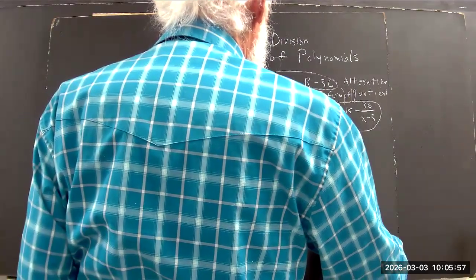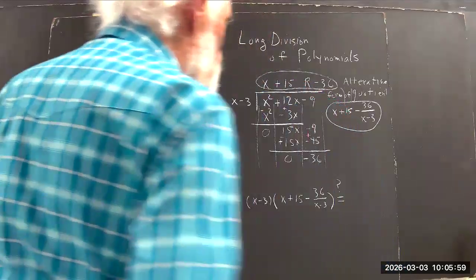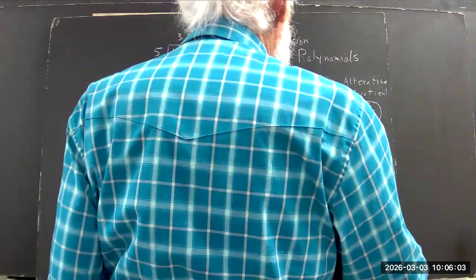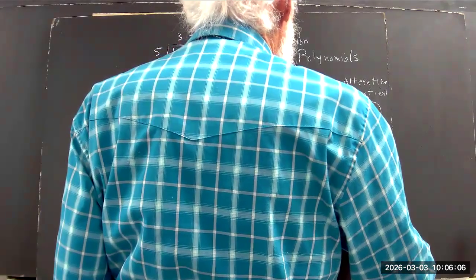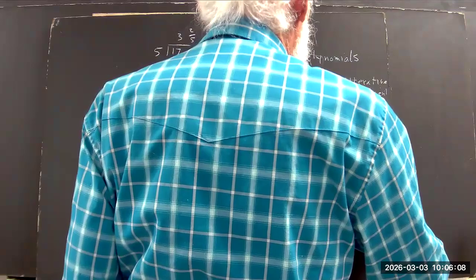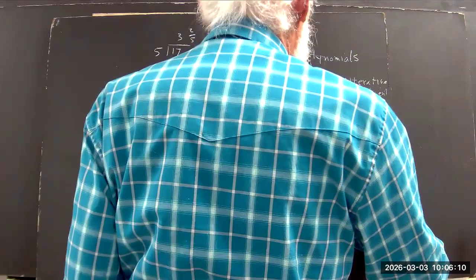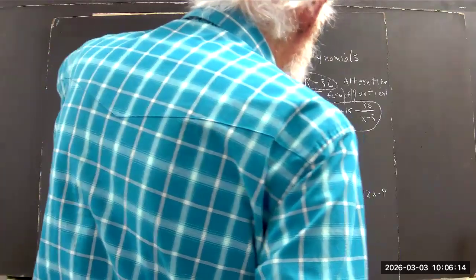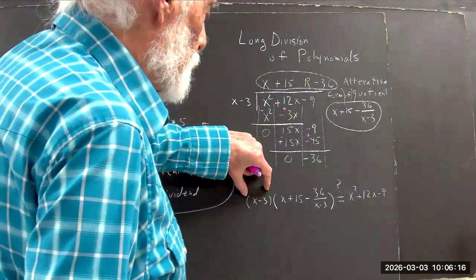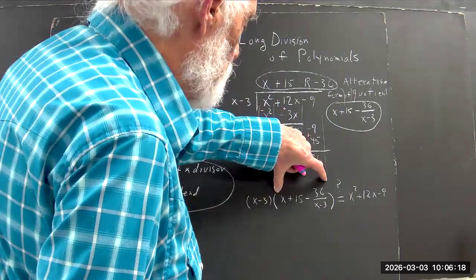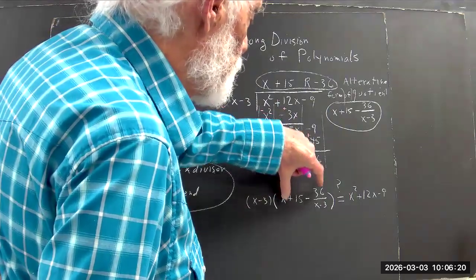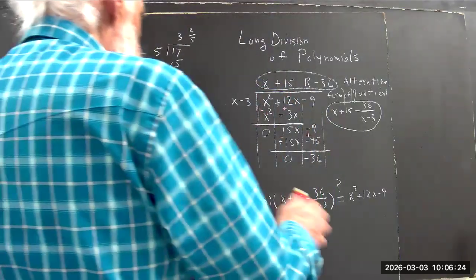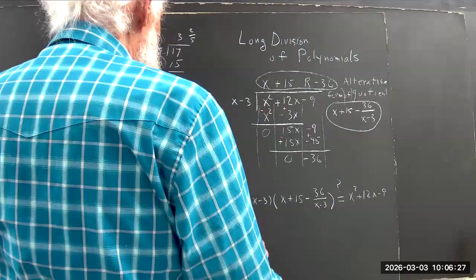And that should equal, so I'm going to write an equal sign with a question mark over it, our dividend, which was x squared plus 12x minus 9. On the left, again, we've got the quantity x minus 3 times the quantity x plus 15 minus 36 over x minus 3. We're going to use the distributive law in this form.